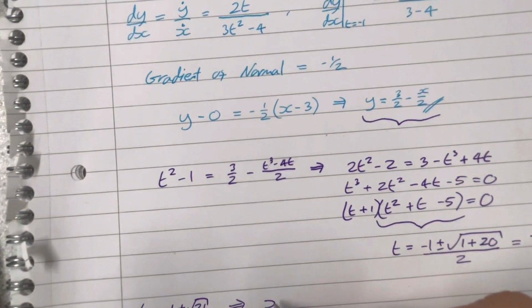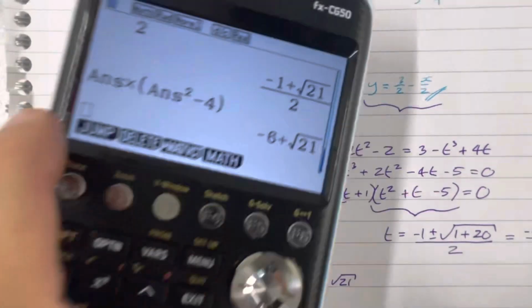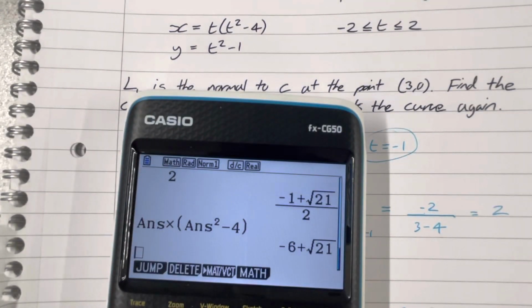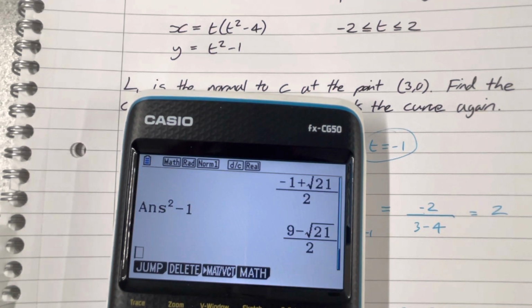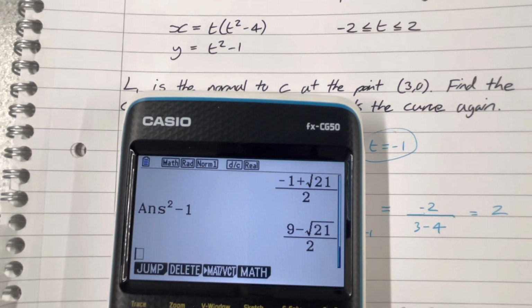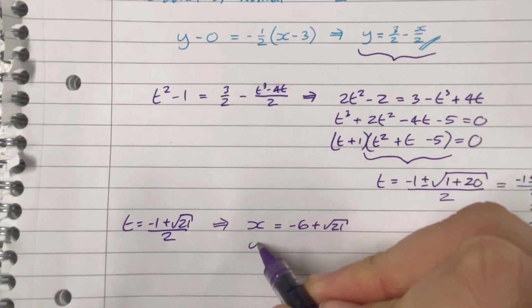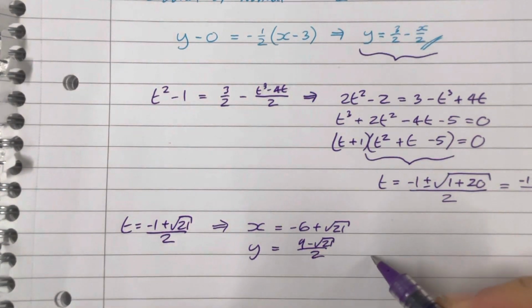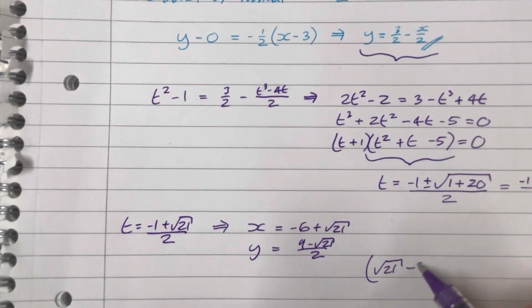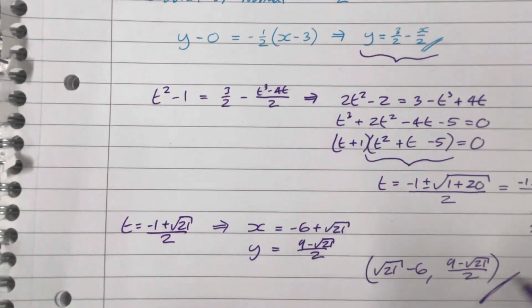My x value, x equals minus 6 plus the square root of 21, and then I can do something similar for my y coordinate, but the y coordinate was just the answer squared minus 1, and that's 9 minus root 21 on 2. So the exact coordinate is root 21 minus 6, 9 minus root 21 on 2. That's the exact coordinate.